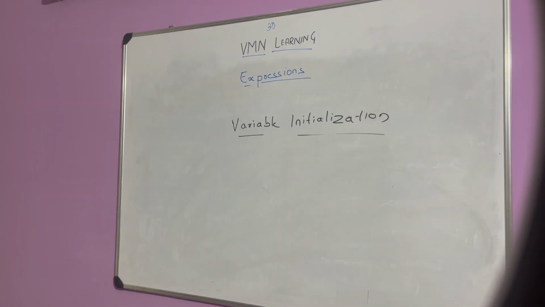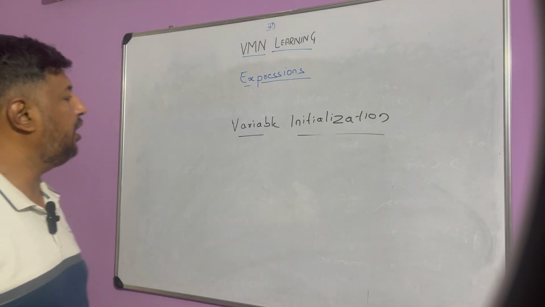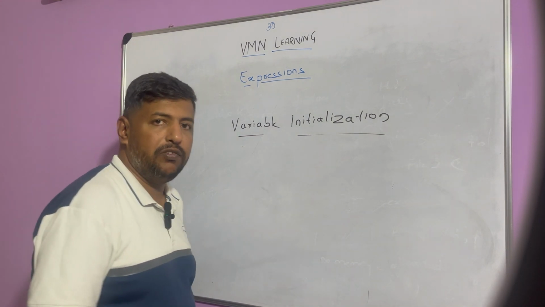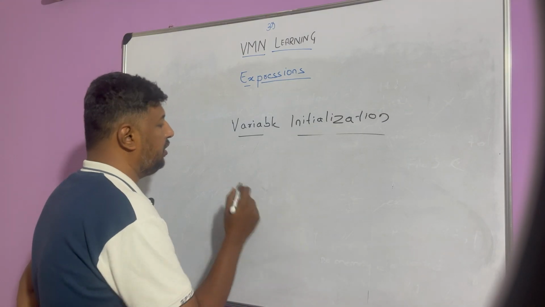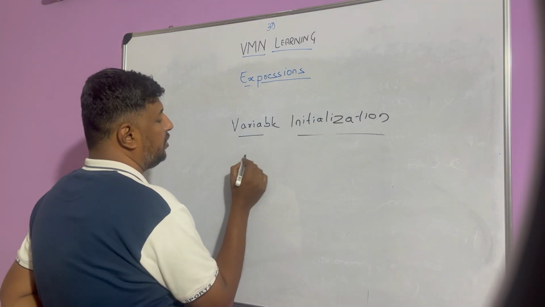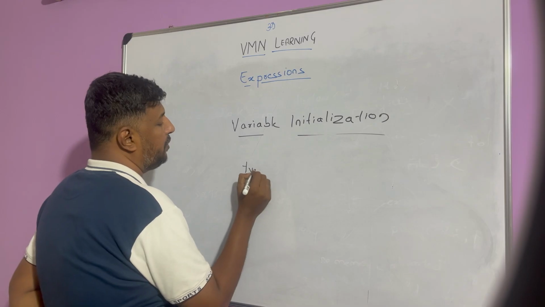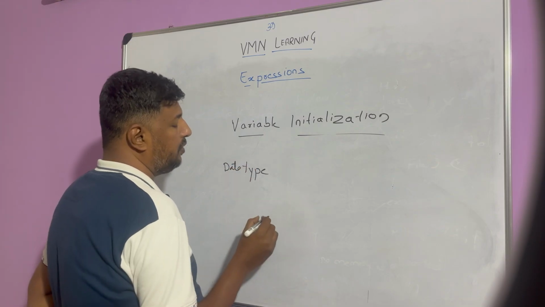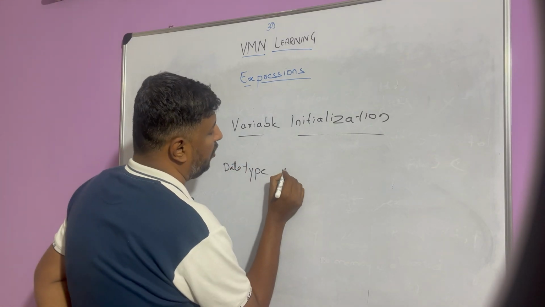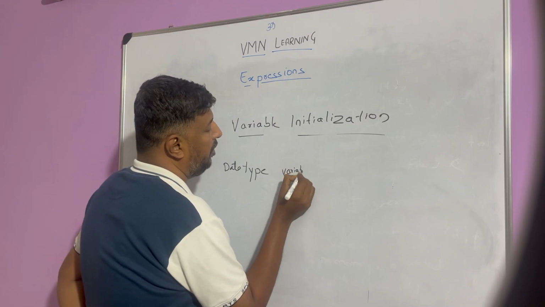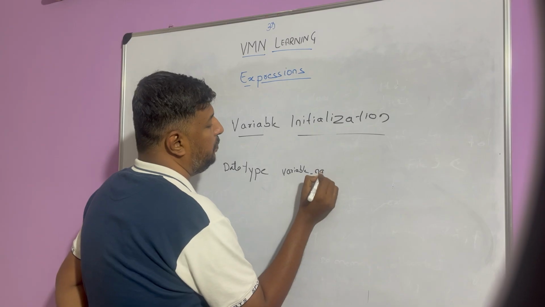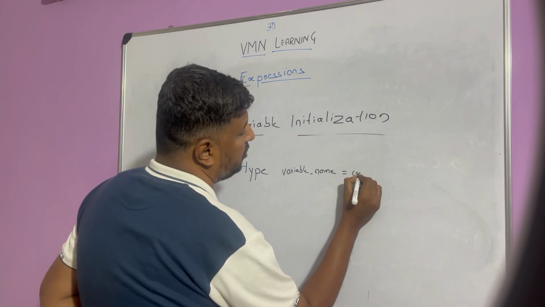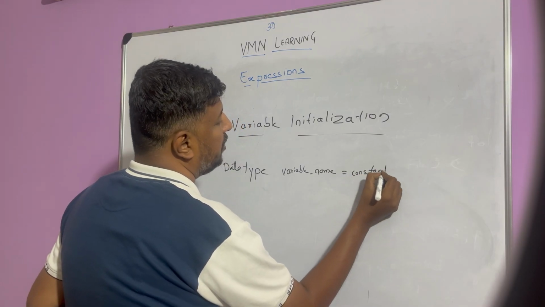Okay. So next we are going to learn about variable initialization. By default, a variable is written as type, that is data type, variable name is equal to a constant value.